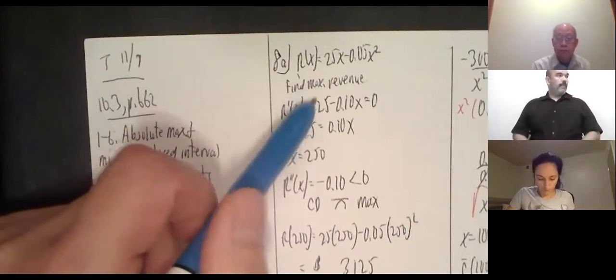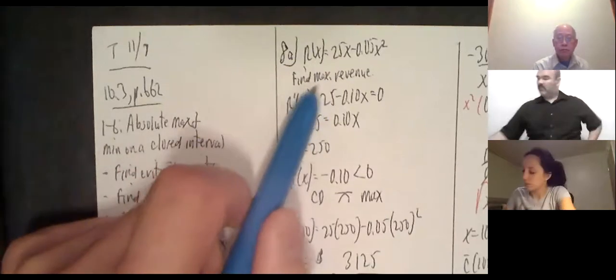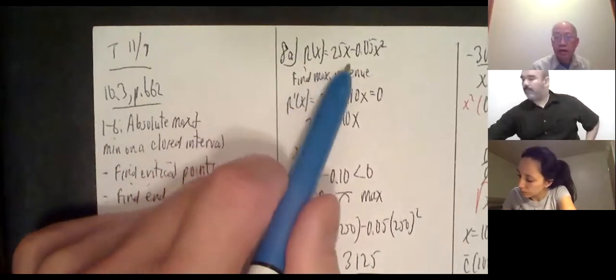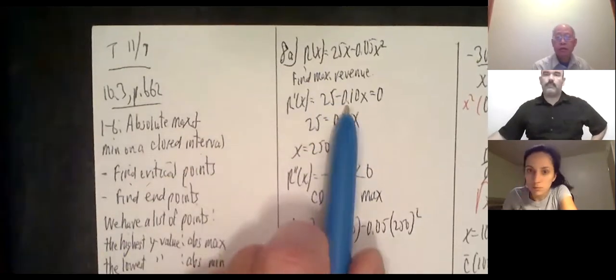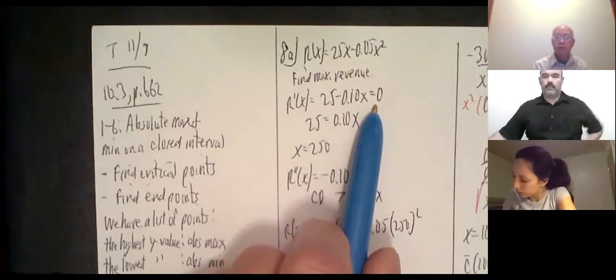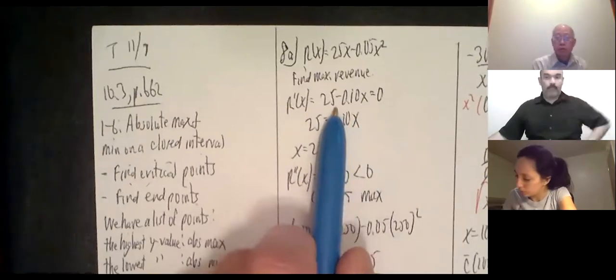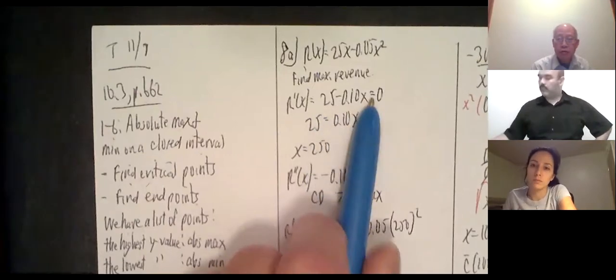So I take the derivative, 25 minus 0.1x, set it equal to 0. Give me critical numbers, right? So I solve this, 25 minus 0.1x equals 0.